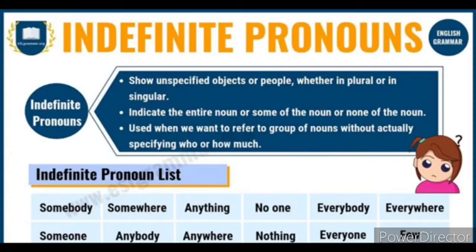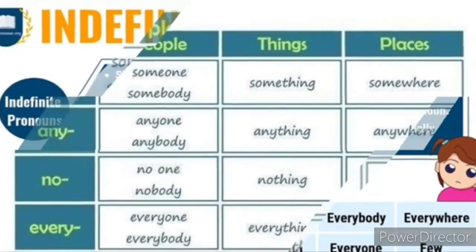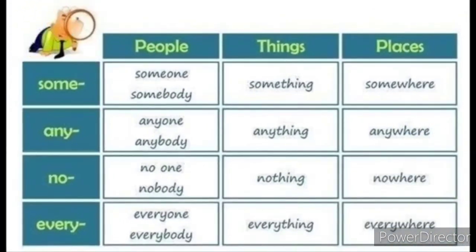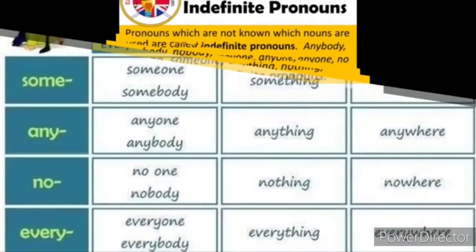Words that end with thing are used to refer to things. So words like somebody, someone, anybody, anyone, no one, everyone, everybody, these are the words used to refer to people. But words like something, anything, nothing, everything refer to things. For places, you can use somewhere, anywhere, nowhere and everywhere. These are the words that show the places.